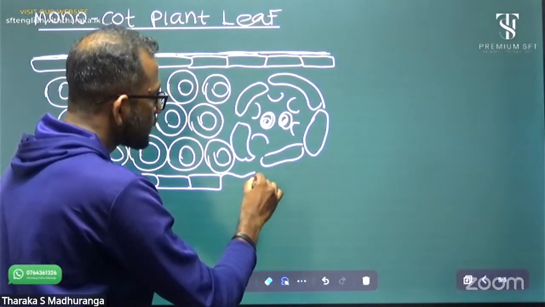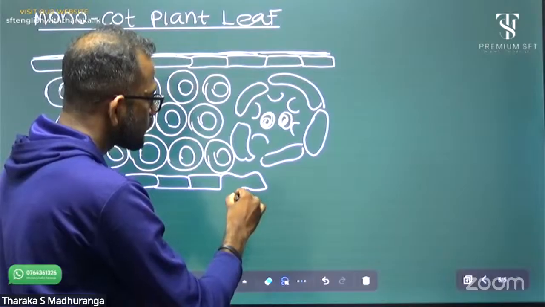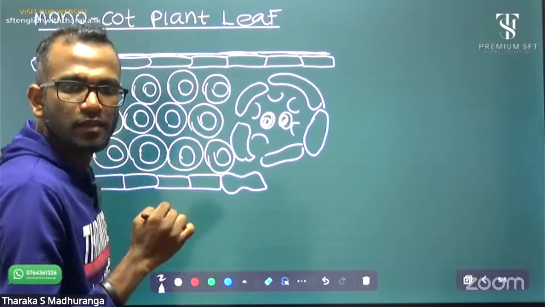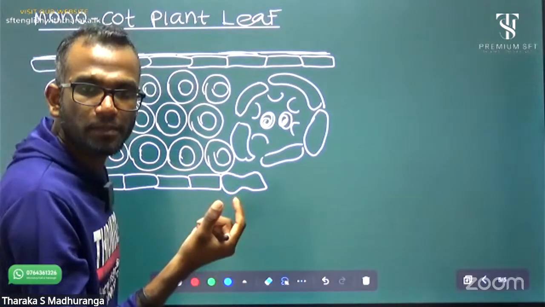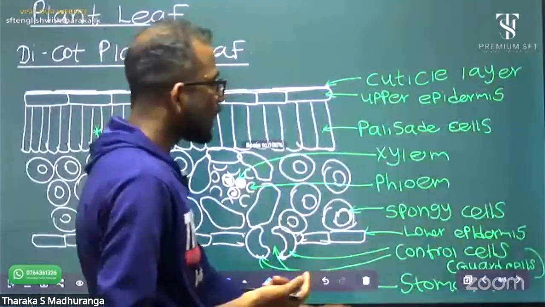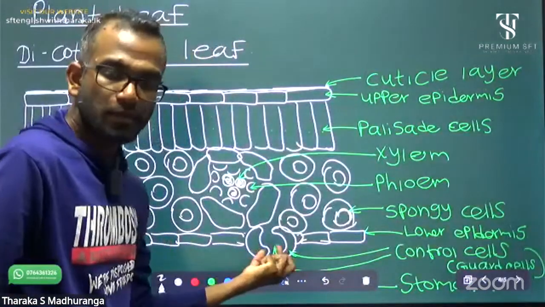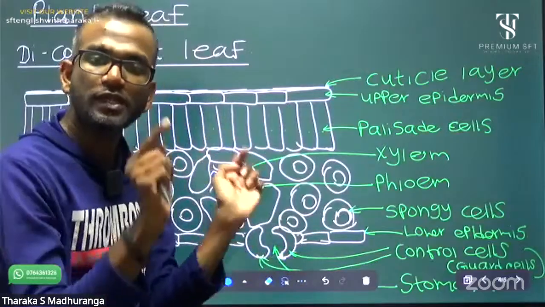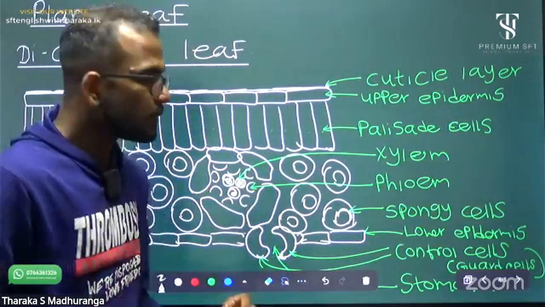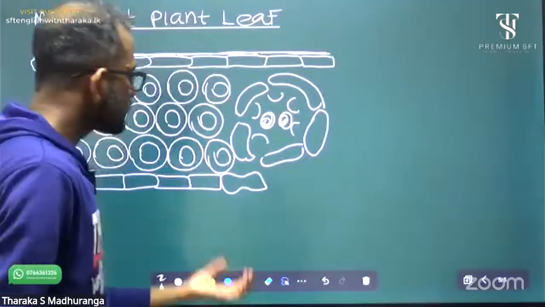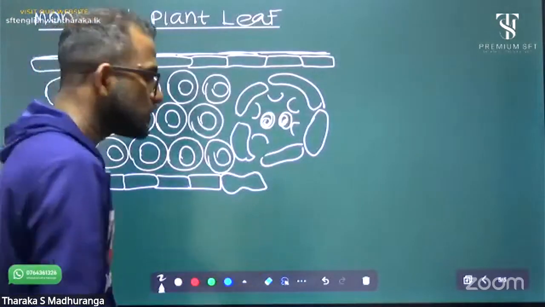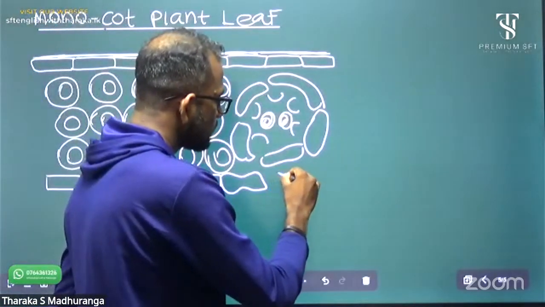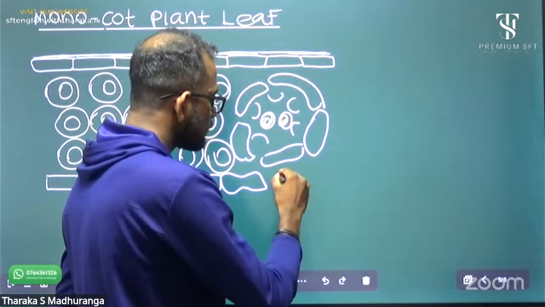They are the guard cells or control cells that we call dumbbell shape. In dicotyledon, guard or control cells are bean shape, but in monocotyledon plants, it is dumbbell shape guard cells.